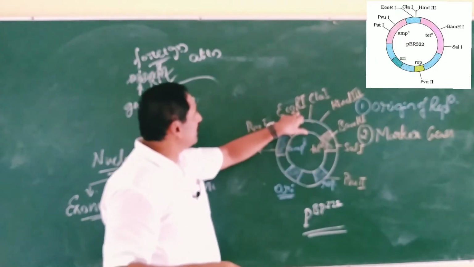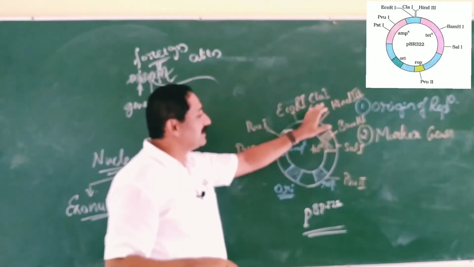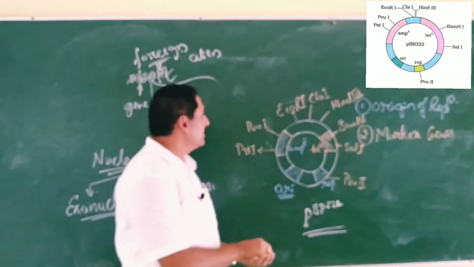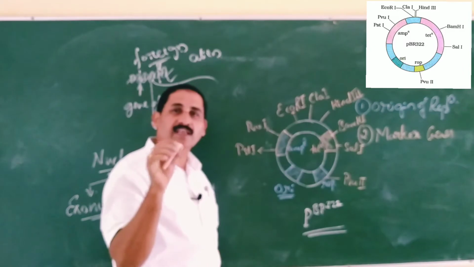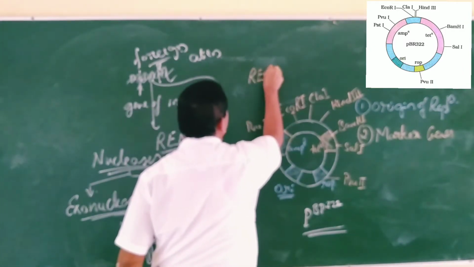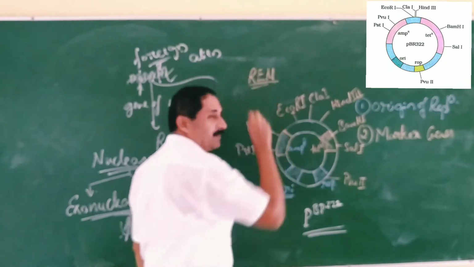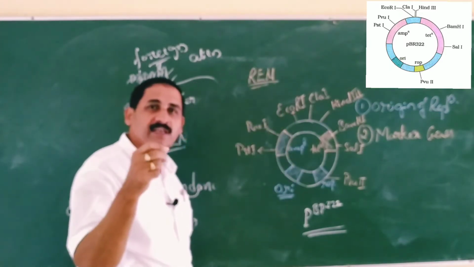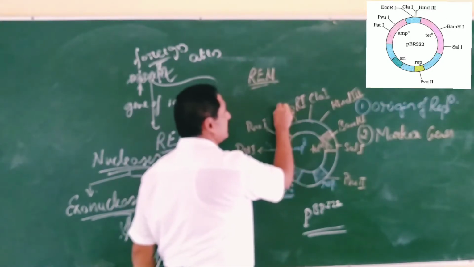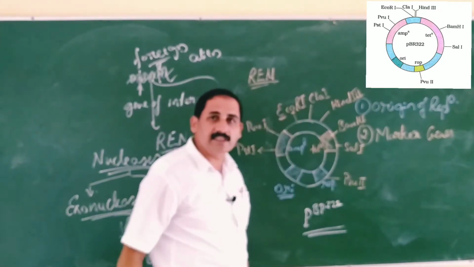These are all RENs. We can see the conventional naming of restriction endonucleases. The first letter stands for the name of the genus.